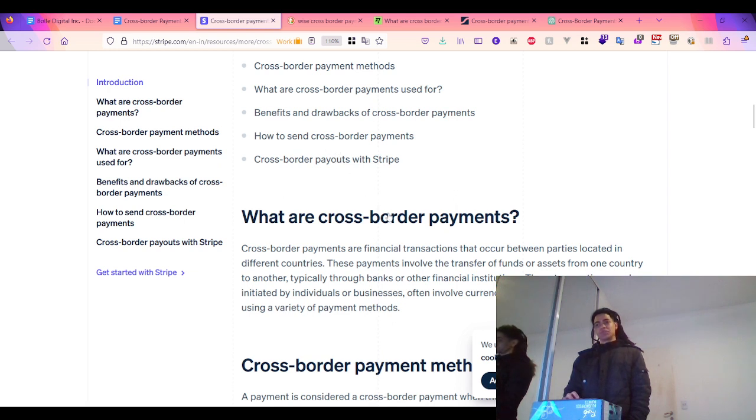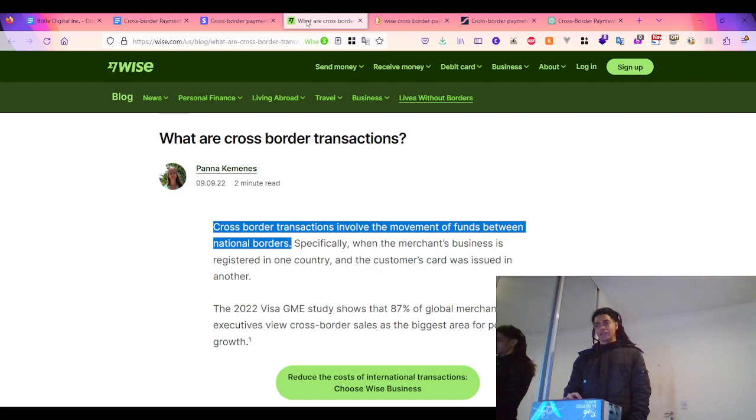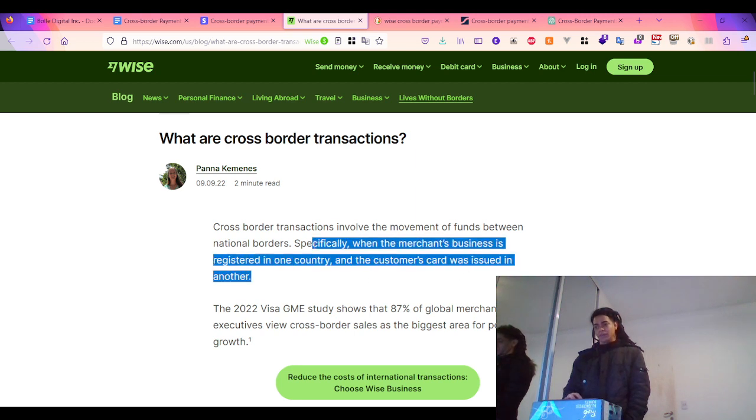So Stripe looked at it as financial transactions that occur in different countries, whereas WISE mentioned that it is the movement of funds between national borders. It's the same. They're just saying the same thing from different perspectives, using different words. Specifically, when the merchant business is registered in one country and the customer card was issued in another.